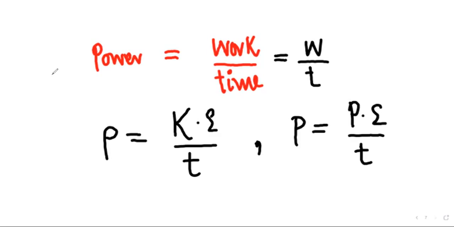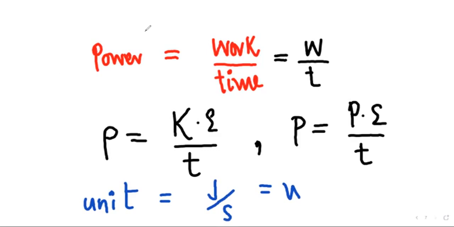So its unit is, whether it is kinetic energy, potential energy, or work, its unit would be joules, and for time it is seconds. So joules per second, and joules per second is called watt.